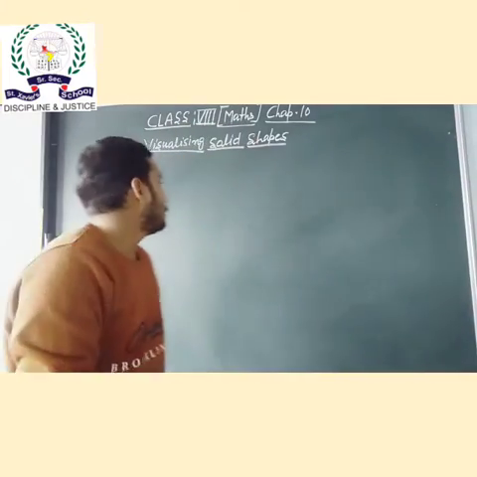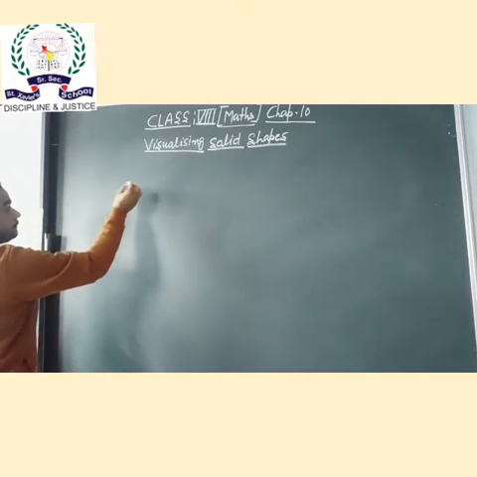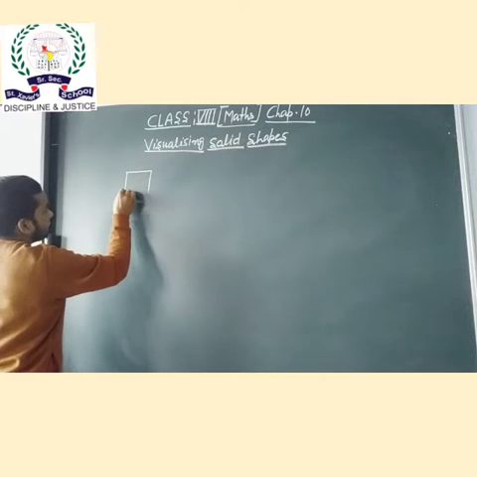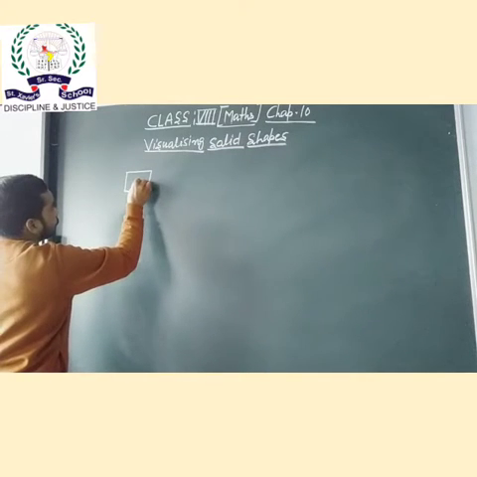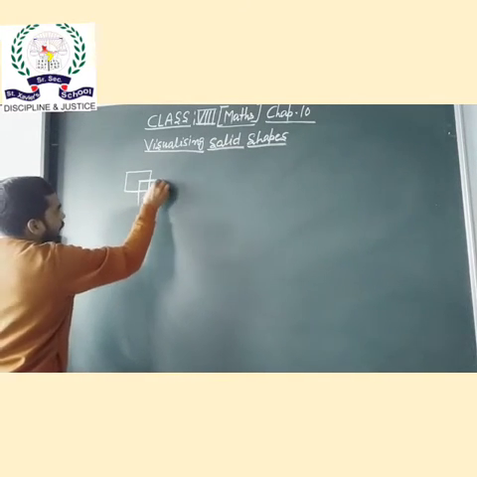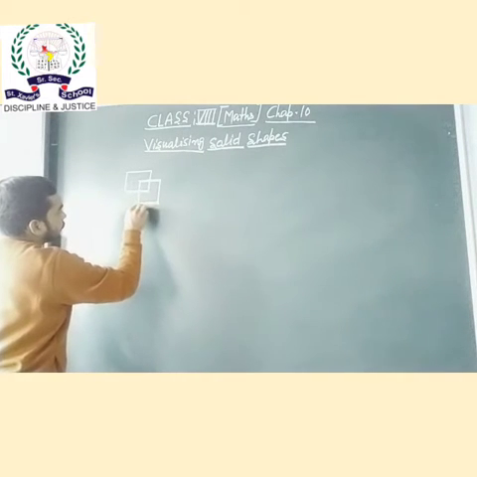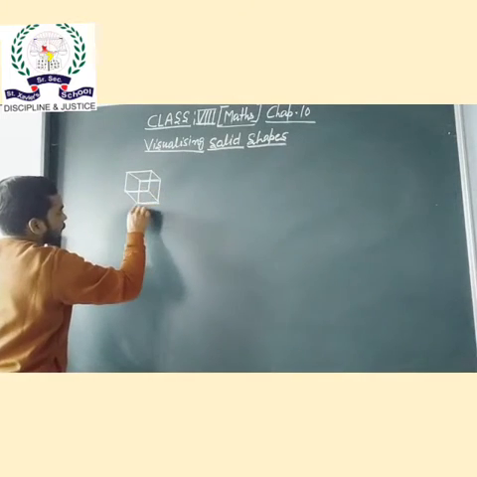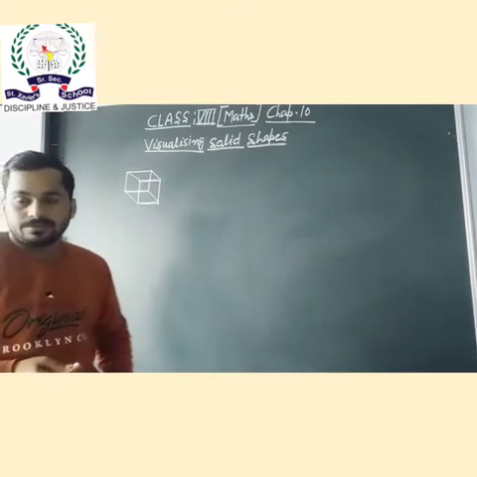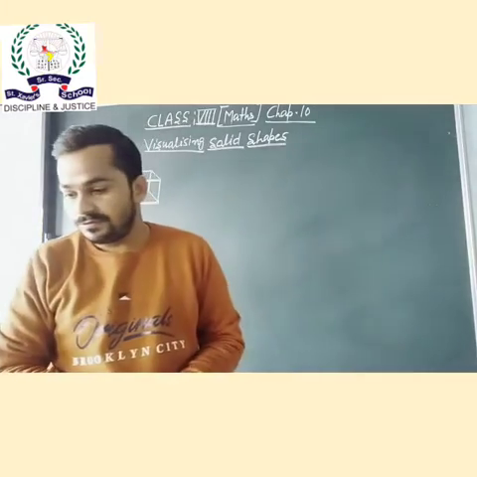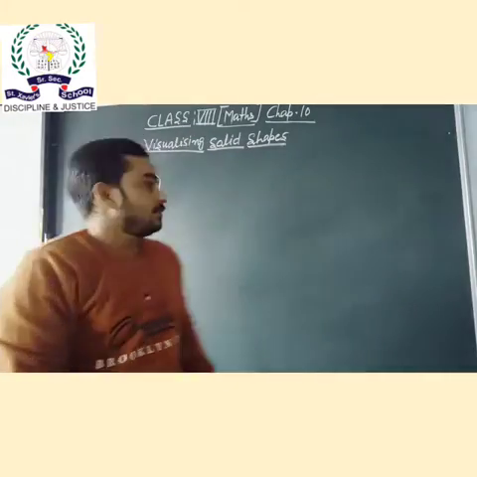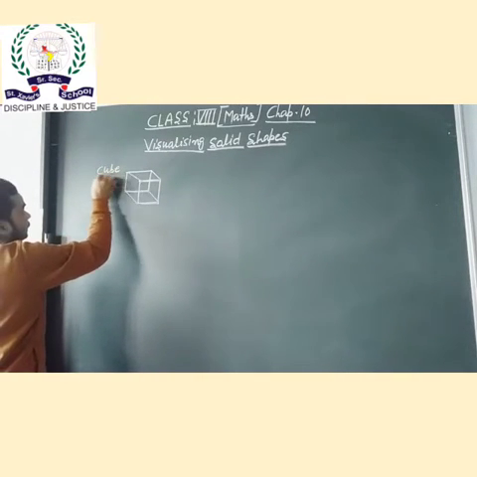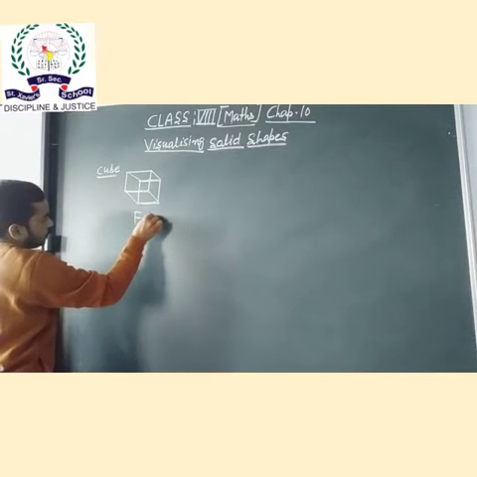If we have a cube or cuboid, each flat surface is called its face. So a cube has 6 faces. Number of faces equals 6.